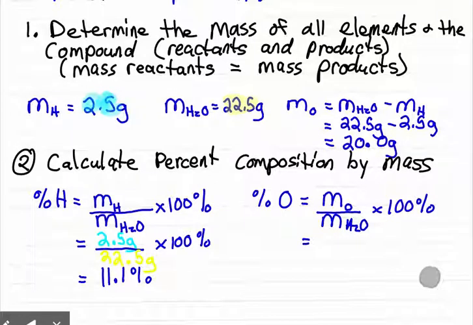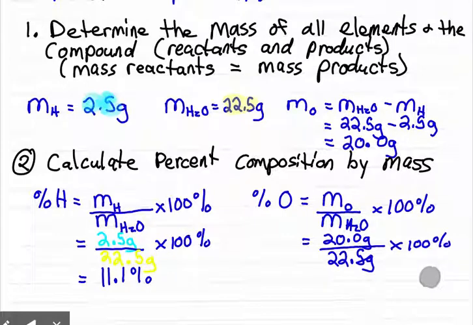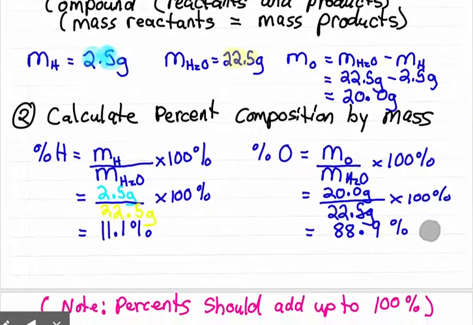Subbing in our value, we calculated the mass of oxygen to be 20.0 grams. We already know the mass of the water. It was in the givens, and it was 22.5 grams. And we're going to go times 100%. And we punch this into our calculator, and we get 88.9%.